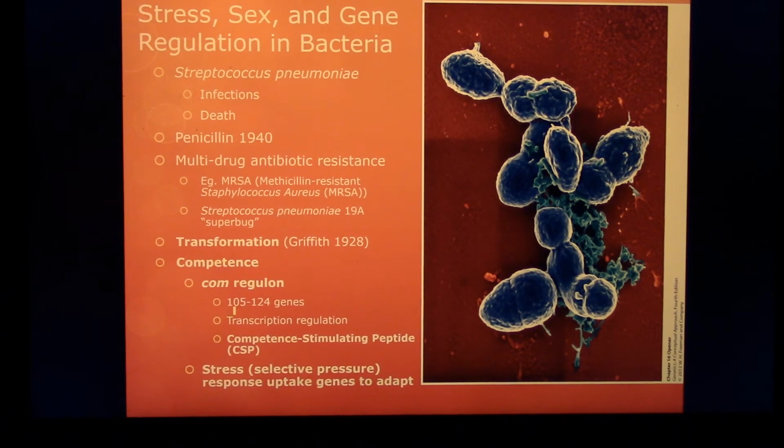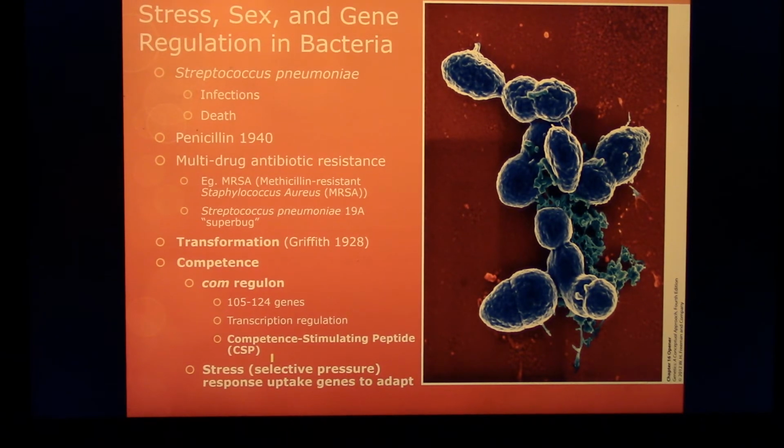This is a stretch of genes, 105 to 125 genes long, that is found in the bacterial DNA or the bacterial chromosome. And it is transcriptionally regulated. One of the most important proteins that are expressed from those genes is called the competence stimulating peptide, or CSP.